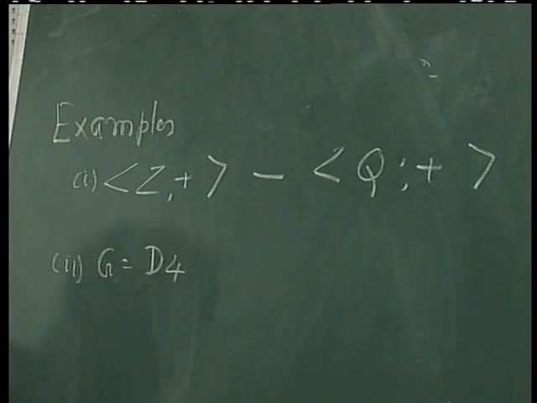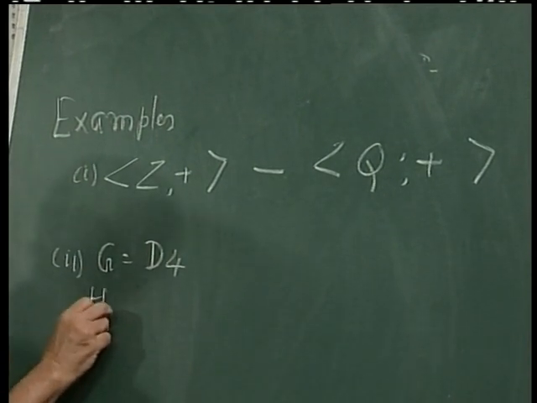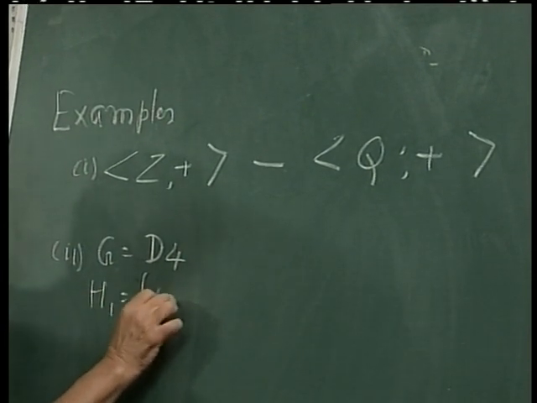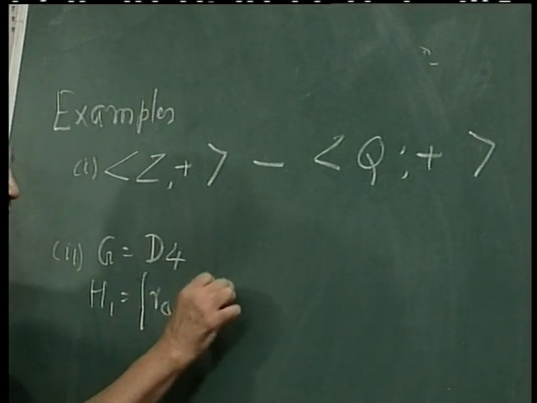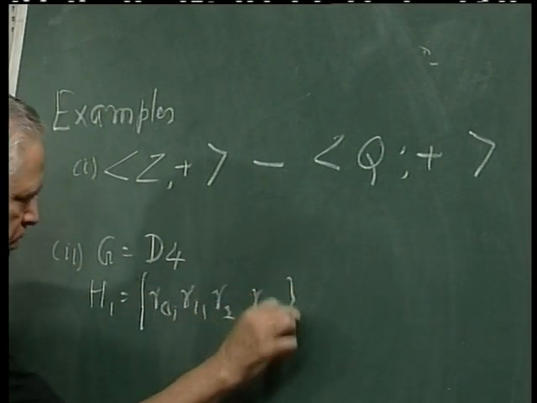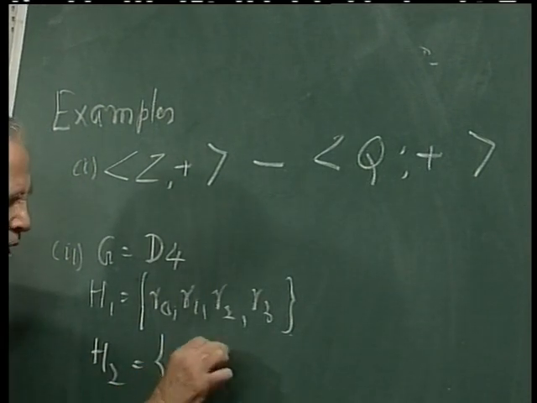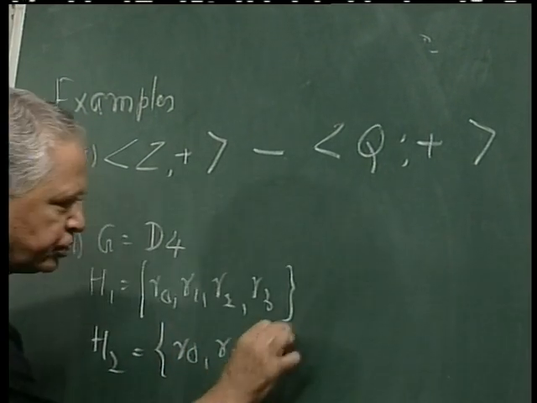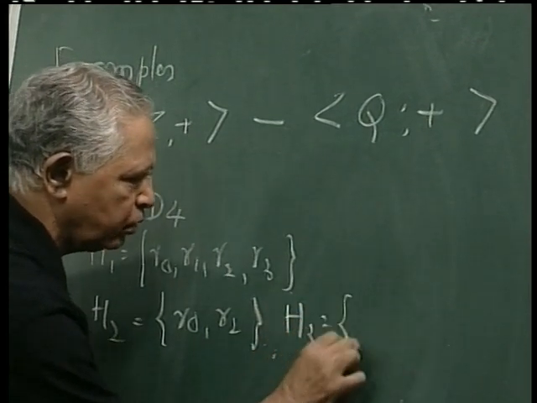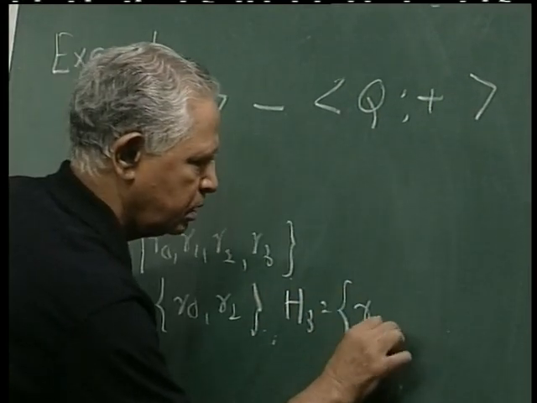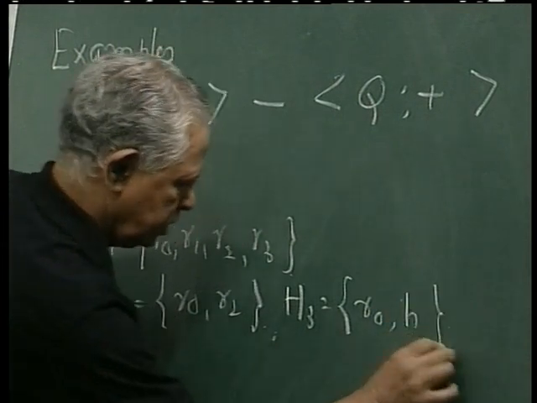Here we get so many subgroups. The first H1 is equal to R0, R1, R2, R3. H2 is equal to R0, R2. H3 is equal to R0 and H.